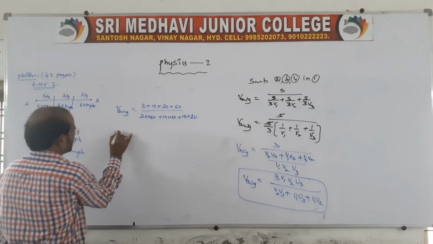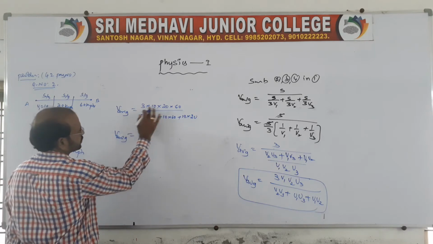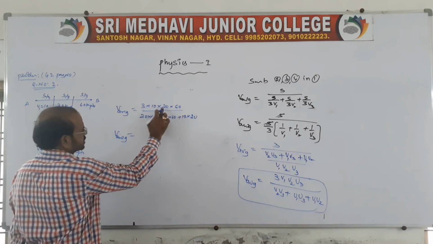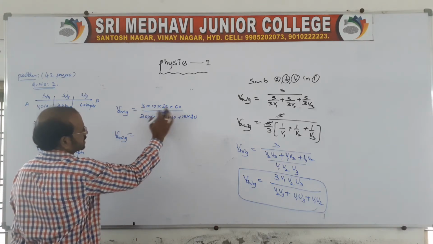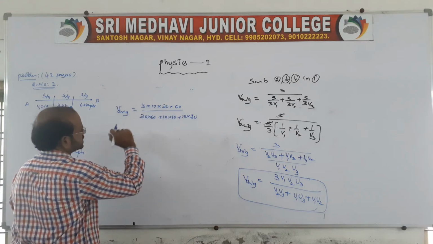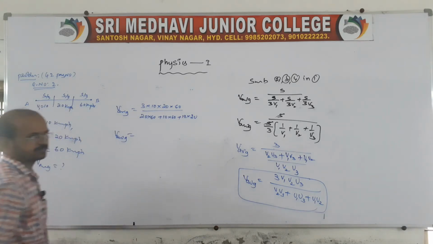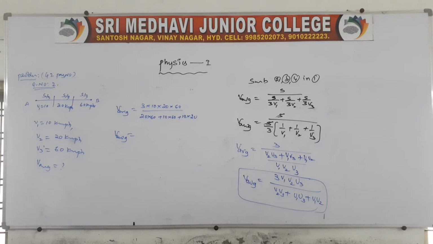So the average speed will be equal to, you multiply, it is 12, right, I think 120, and the next is 1200 into 3, that is 36 I think so.